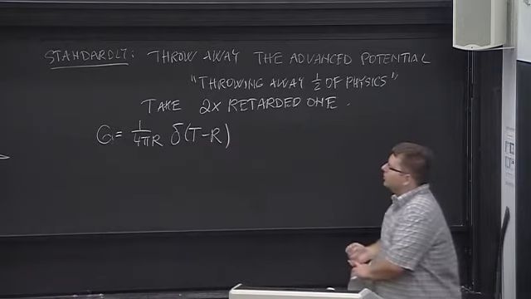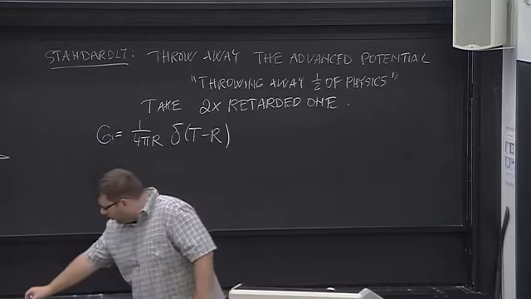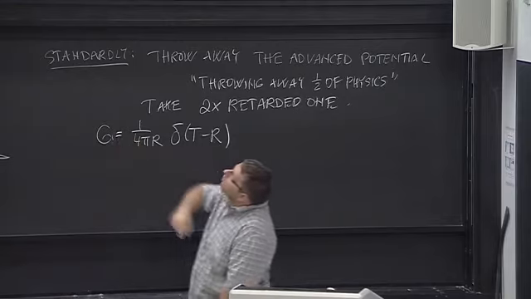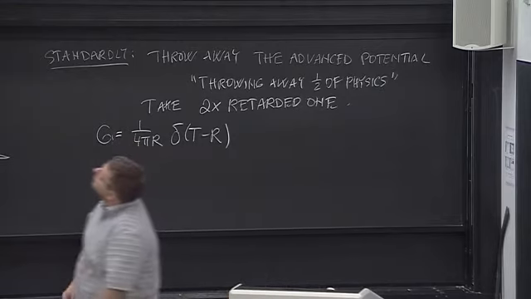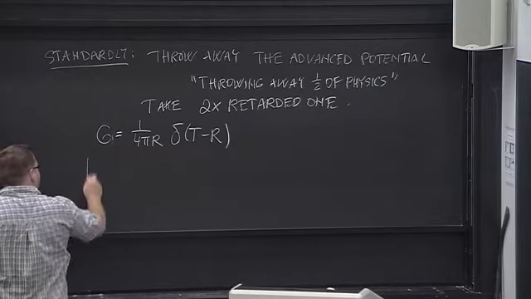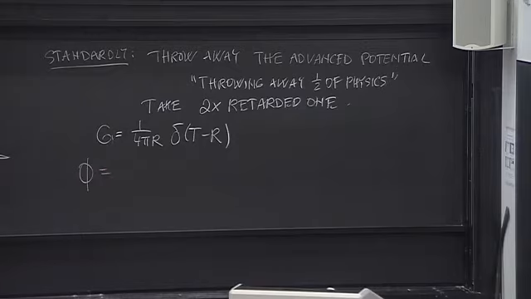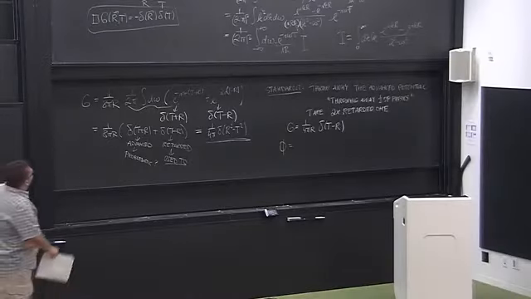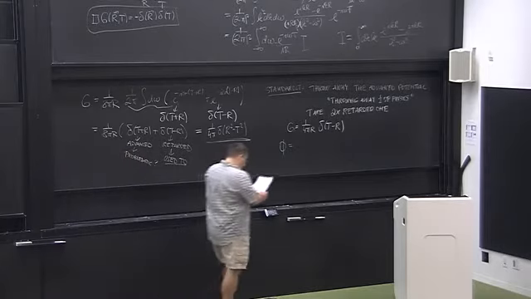Okay, and if you use this retarded Green's function and plug it into your solution, you find that phi special is simply given. So now you have 4 pi there in front of rho, and that cancels those 4 pi. And so this is simply an integral.